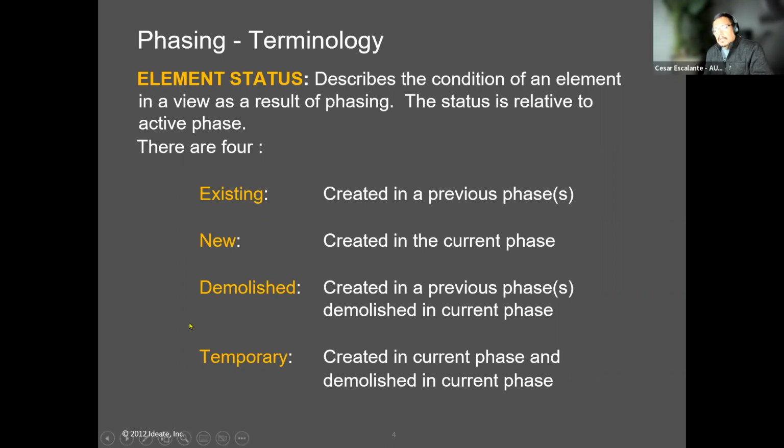Very rarely we display temporary objects, but sometimes to display coordination with pre-construction activities, a designer may be asked to provide temporary protection in the construction site. But the ones we use the most are existing objects created in previous phases, new objects, and demolished objects.